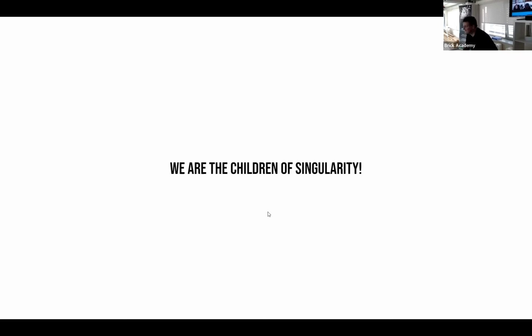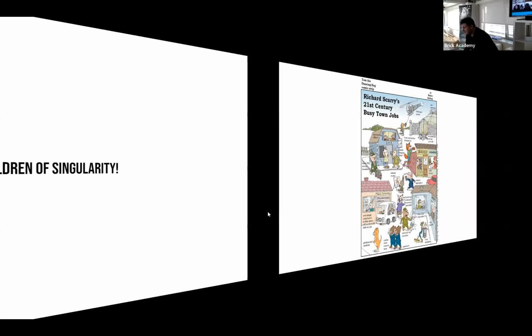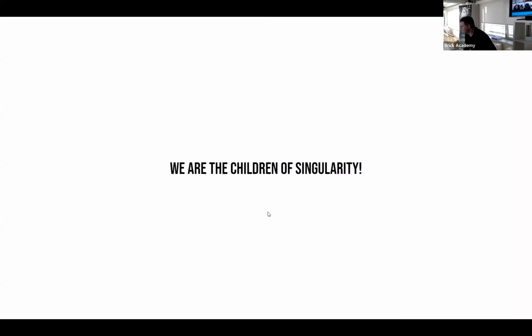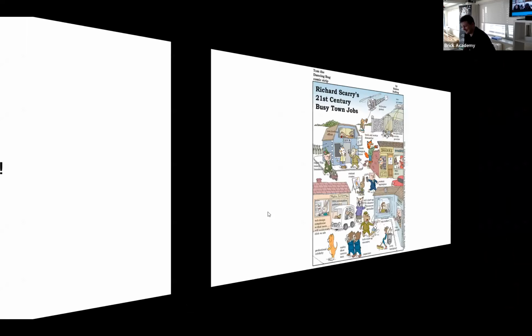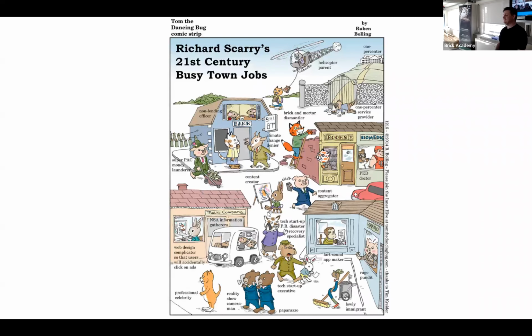And this statement is completely true for our job as well. Maybe it will be even stronger than how Evelyn will be affected by ChatGPT or other platforms like it. So yes, we are the children of singularity. It's a cool word, which I thought I could write down.